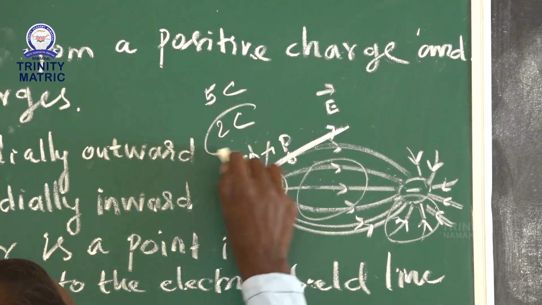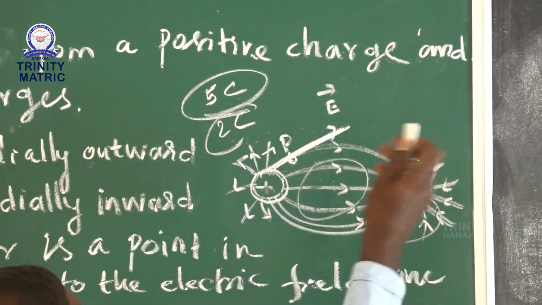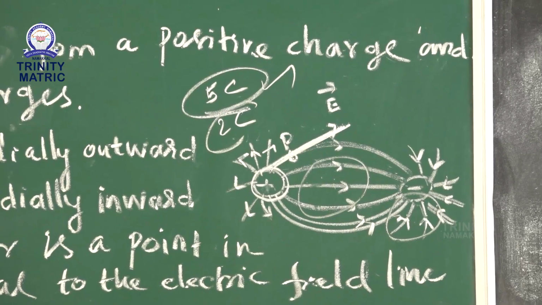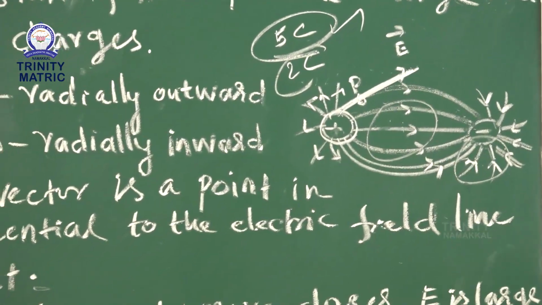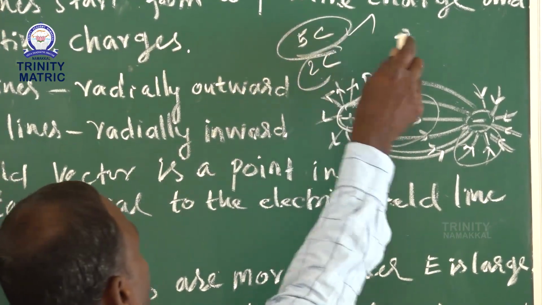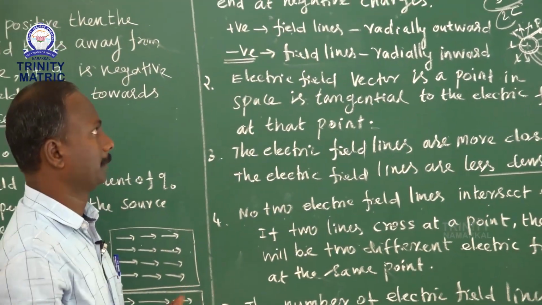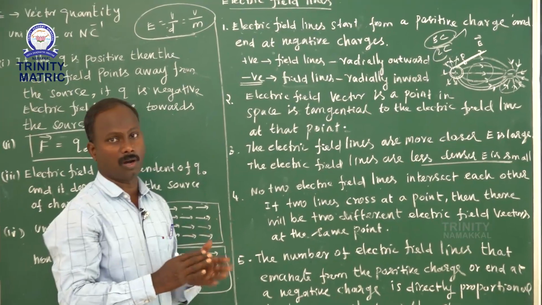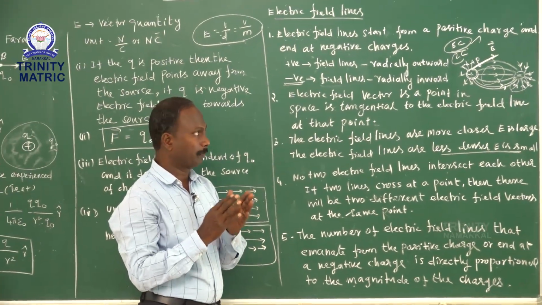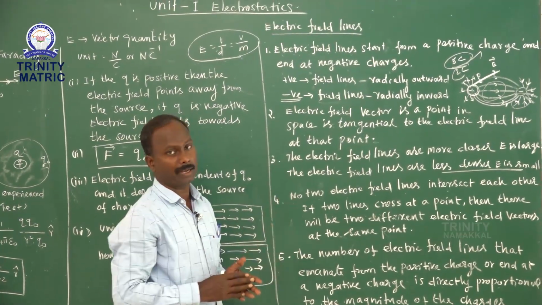Which charge produces a stronger electric field? The 5 coulomb charge, since its magnitude is larger, so its electric field is stronger compared to the 2 coulomb.